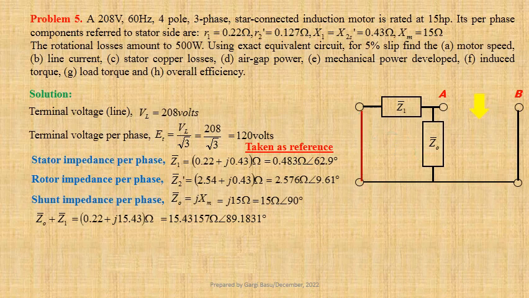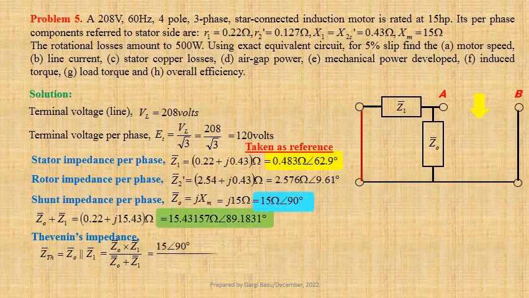Now the impedance as seen from terminals A and B gives us Thevenin's impedance. Zth equals Z0 parallel with Z1, that is equal to Z0 into Z1 divided by Z0 plus Z1. Using values we get 15 at an angle 90 degree into 0.483 at an angle 62.9 degree divided by 15.43157 at an angle 89.1831 degree.